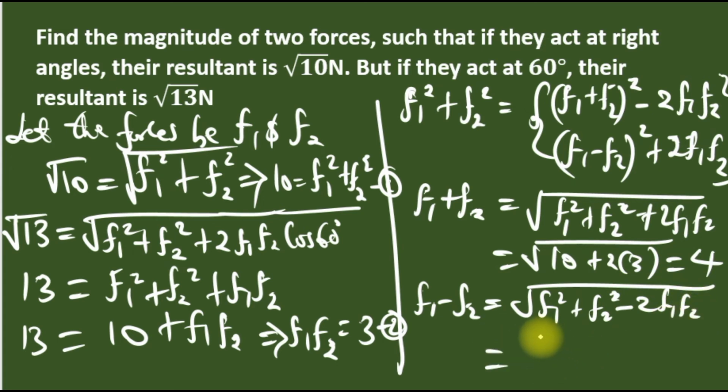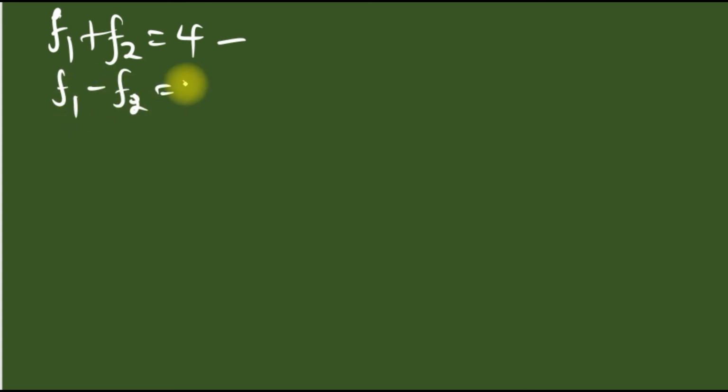The same way, it's now the square root of 10, because F1 squared plus F2 squared is 10, minus 2 times 3, which is 6. 10 minus 6 is 4. The square root of 4 is 2. So we've gotten that F1 plus F2 is 4 and F1 minus F2 is 2.